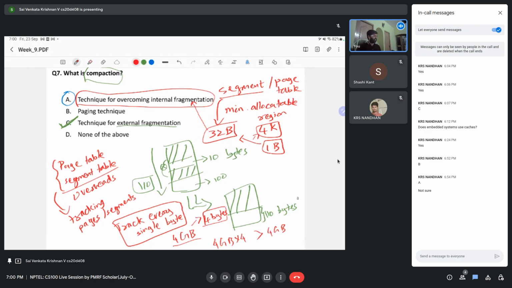They decide the segment size and page sizes. So internal fragmentation cannot be completely ruled out, or completely solved, because you have this overhead problem. But external fragmentation, you can very well solve easily by using compaction and all these things. So any doubts in this question? What is compaction?